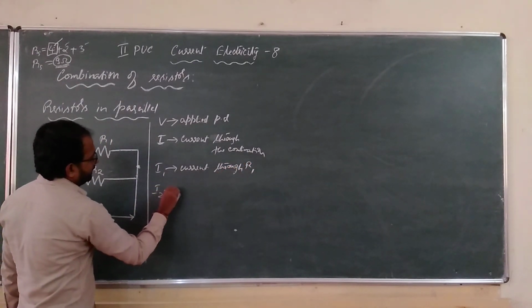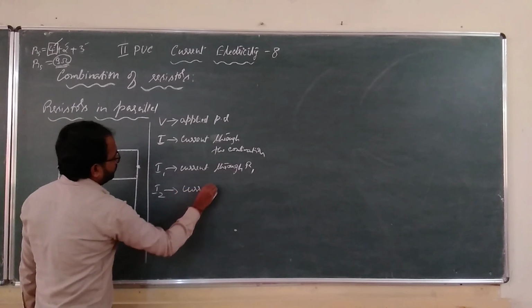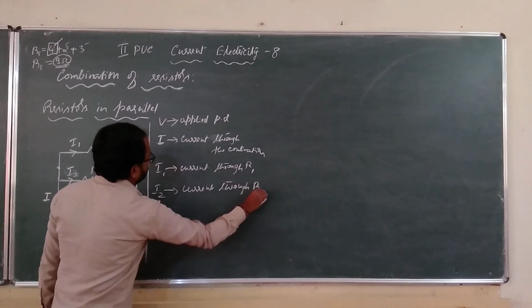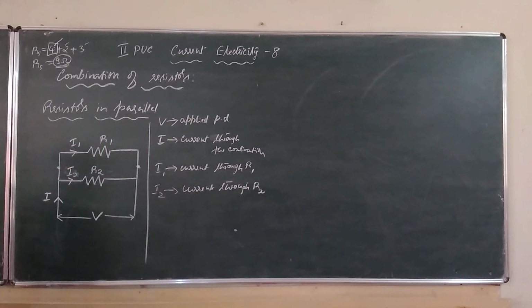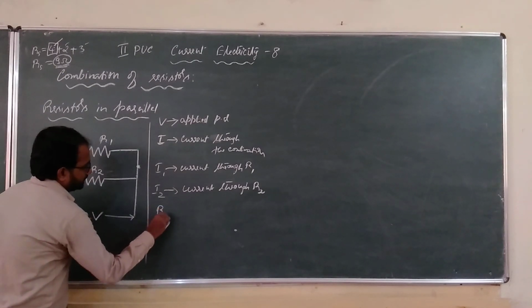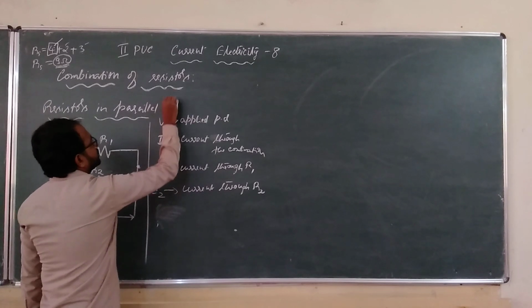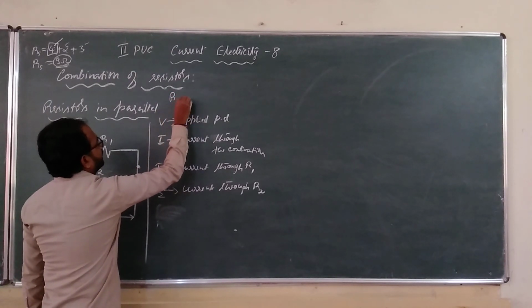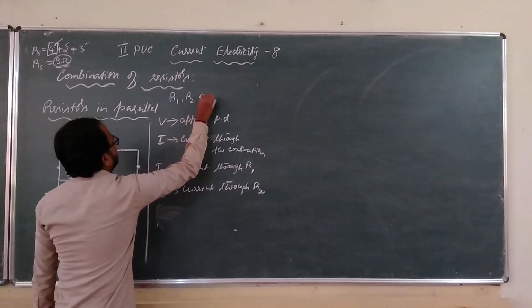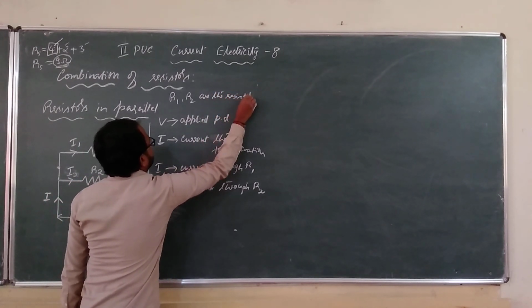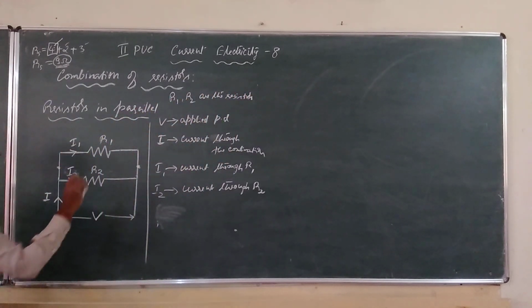I2 is the current flowing through R2. So R1 and R2 are the resistors of resistances R1 and R2.